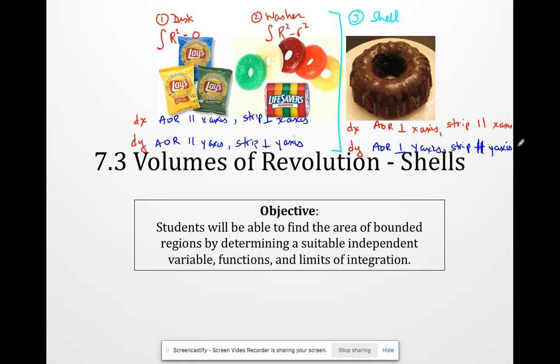Now, students generally don't like the shell method as much. They finally get used to discs and washers, and they're like, okay, I got this, I think. Please don't throw another method at me. And here's the nice thing. AP will never write a problem so that you must do shells, but sometimes shells is more efficient.